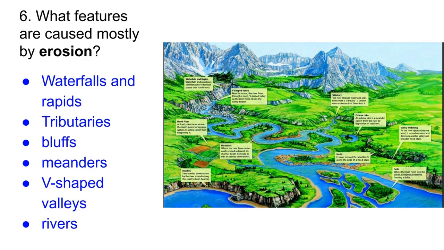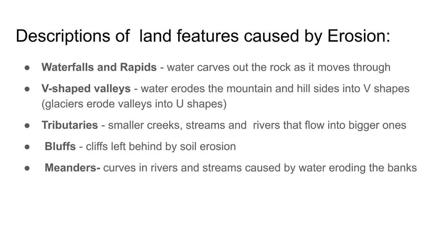Things like waterfalls and rapids, tributaries, bluffs, meanders, V-shaped valleys, and rivers are all formed through erosive processes. On this slide, you can read the descriptions of these landforms that are caused by erosion.